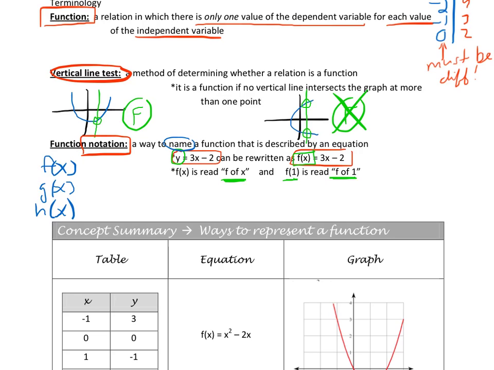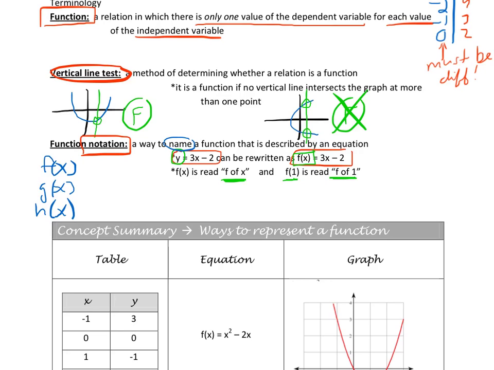I could say any of those things, and the difference just means it's a different name or label. Now that might not make a difference to you, but if I had 3 equations and I said plug 2 into that one, not being specific as to which one, you wouldn't know which one to plug that value into. But if I said plug a value into the g of x equation, you'll know which function to use.